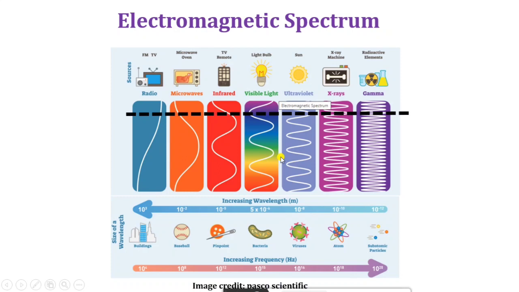The gamma rays, which come at the right extreme, have the lowest wavelength among these electromagnetic radiations, and they have the highest energy or highest frequency.